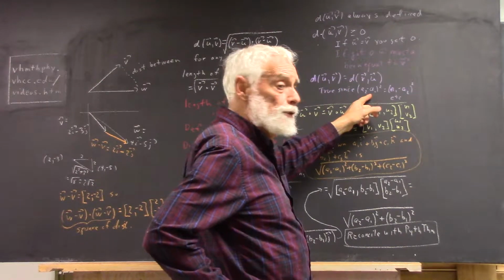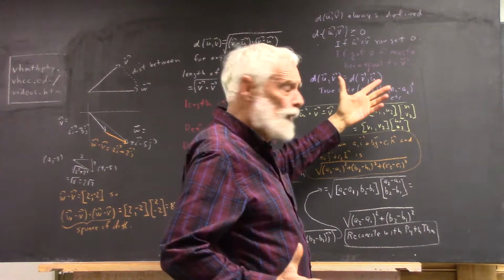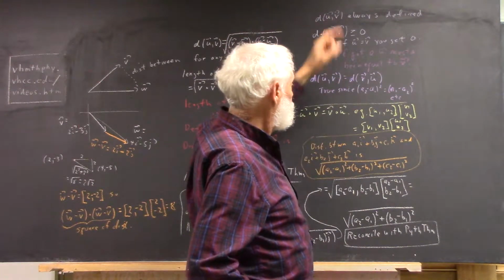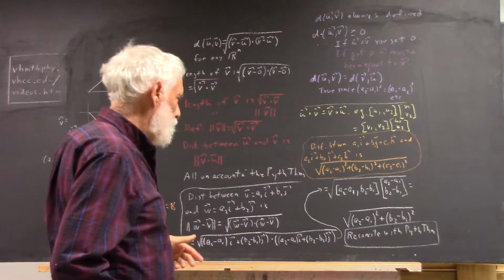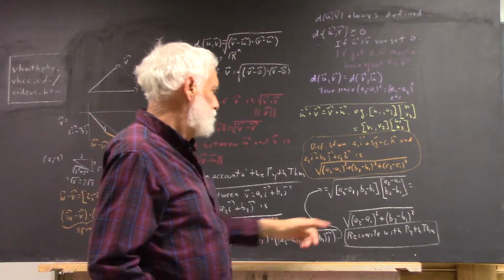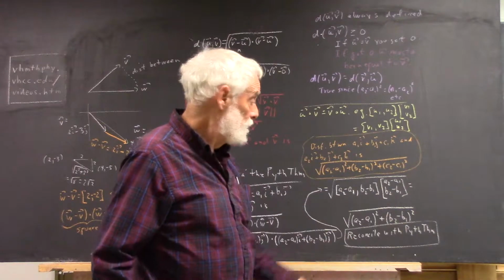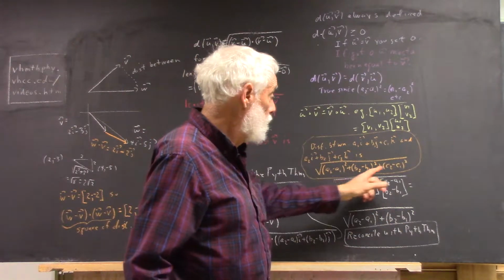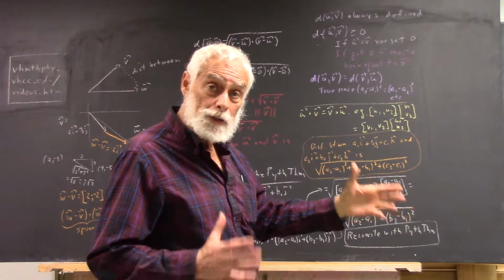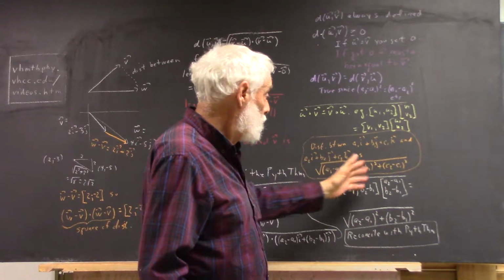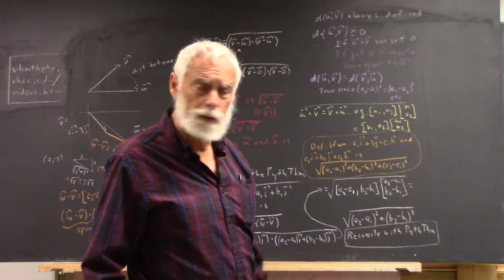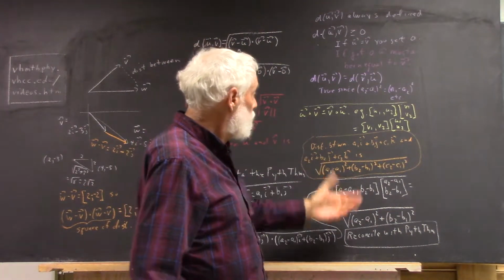All those things are squares, so they're never negative. So when you define the distance from U to V, you always get a sum of squares. You've got them here, you've got them here, and you'll always get them. And squares are never negative, and you're always adding these things, so they can never be negative. So that's the first observation you want to make.